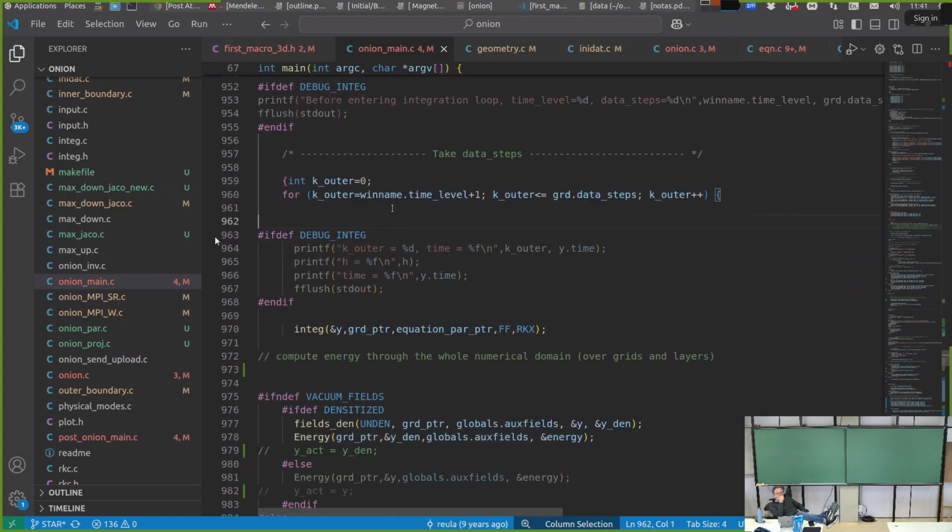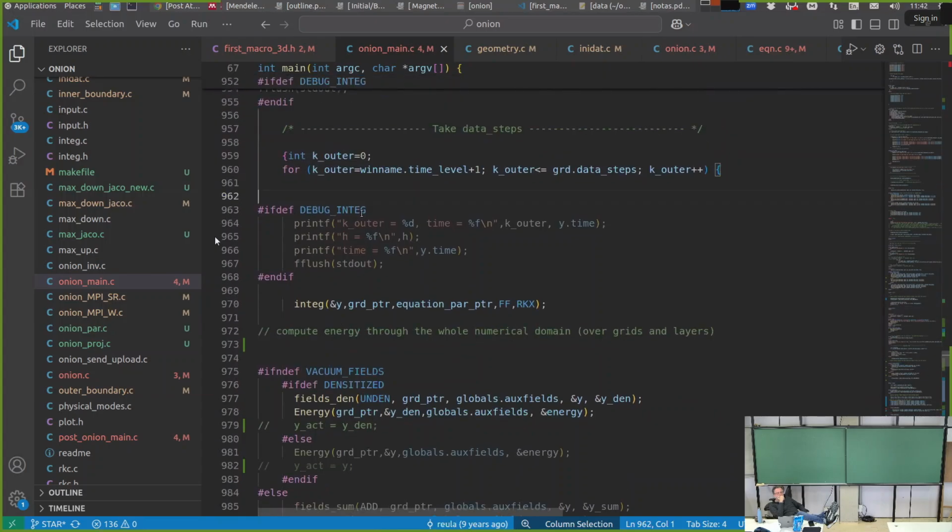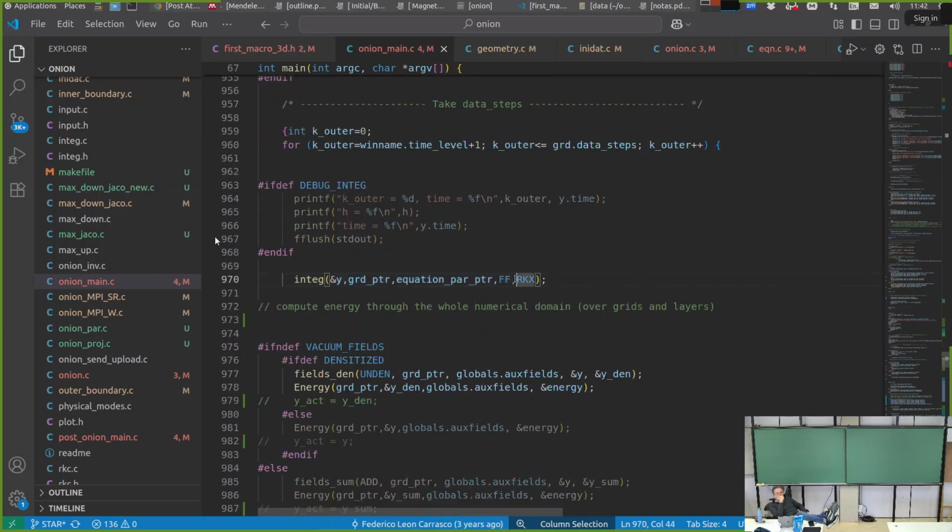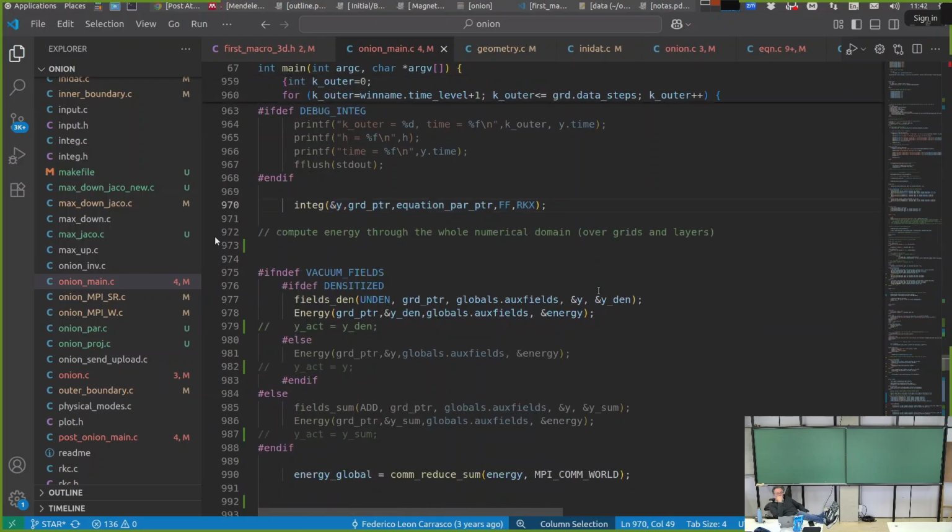Okay, so here we reach the core of the function, and then the central loop where the time evolution is occurring. And then here, this is the function that integrates in time. This is choosing the time integration, in particular Runge-Kutta integration.